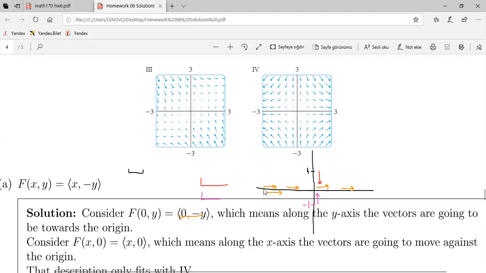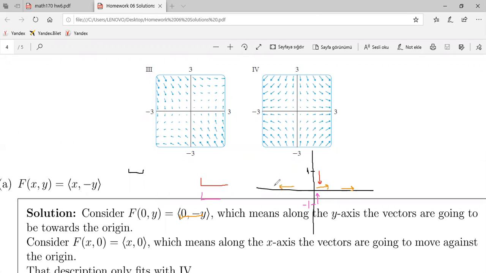And along the x-axis, I made a mistake there. When, for example, x equals -1, then our vector will be (-1, 0). So it will be like this, right?